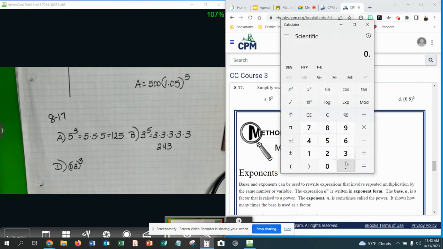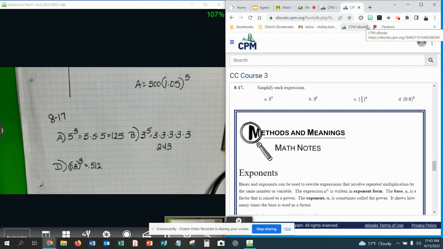We're going to go 0.8, exponent button, 3, equals 0.512. How do you feel about that? You feel good? Okay, any questions for me about this compound? What did you learn about compound interest versus simple interest? Cappy, honey, what did you learn?